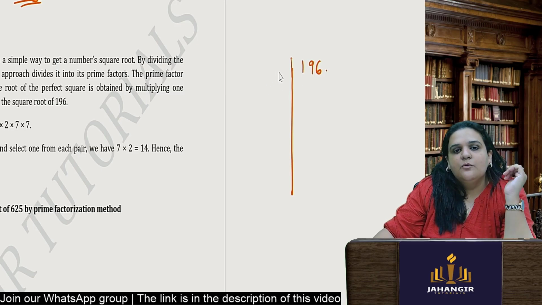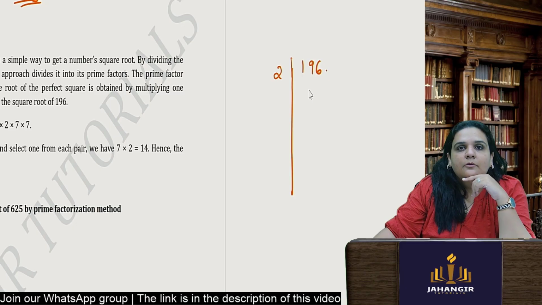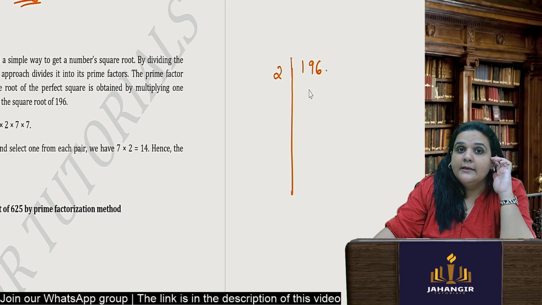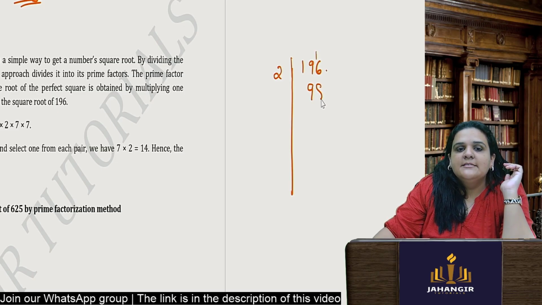So say I am starting with 2. 196: 2 nines are 18, 2 eights are 16.